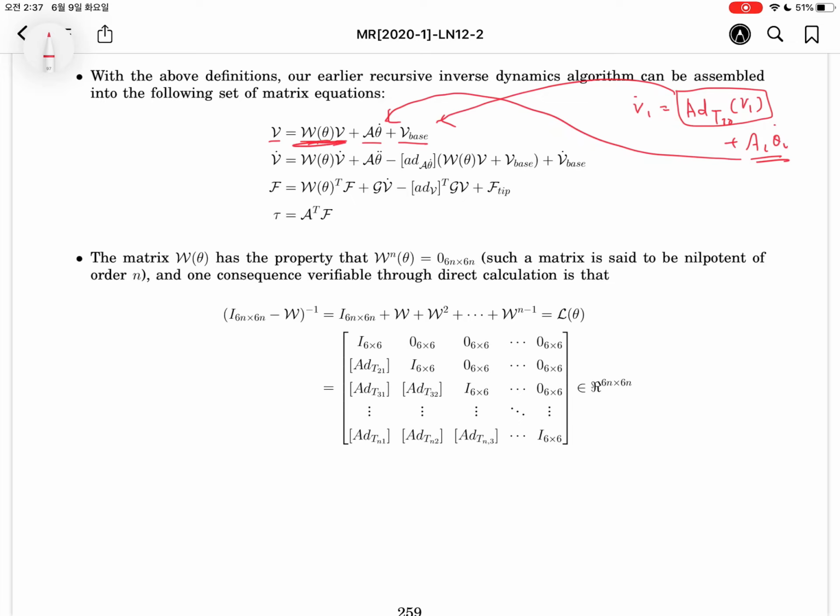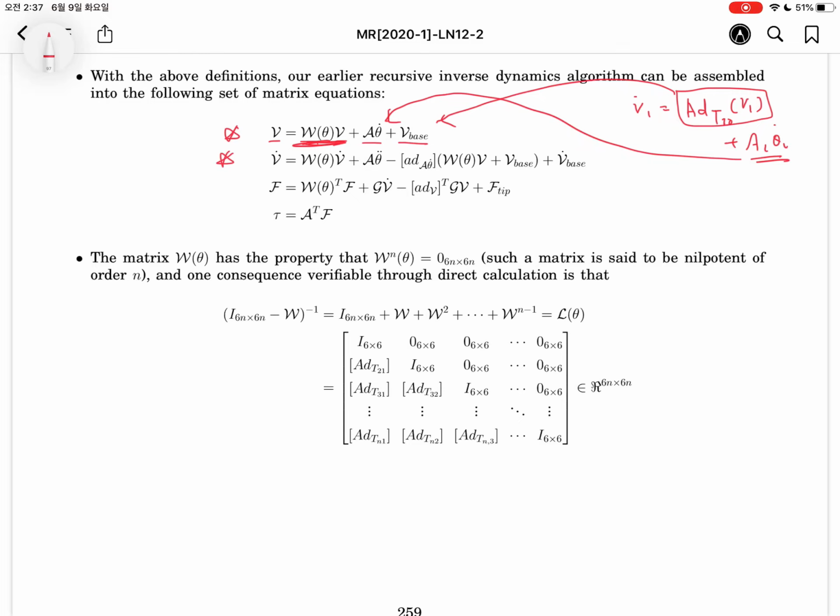Is it right? Because W has the diagonal terms as 0 matrix. Okay, like this we can write down V as WV plus A theta dot plus the V base.